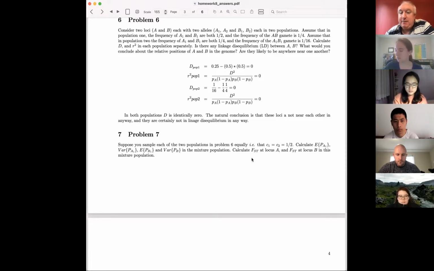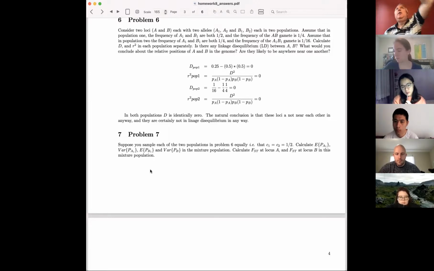The first thing I'm going to have you do is just measure standard statistics about population 3. What is the frequency of the A1 allele? What's the frequency of the B1 allele? What is the frequency of the A2 allele? What's the frequency of the B2 allele? What is the variance in the frequency of the A1 allele? And by that, I mean, what is the variance in A1 due to it being sampled from 2 different places?